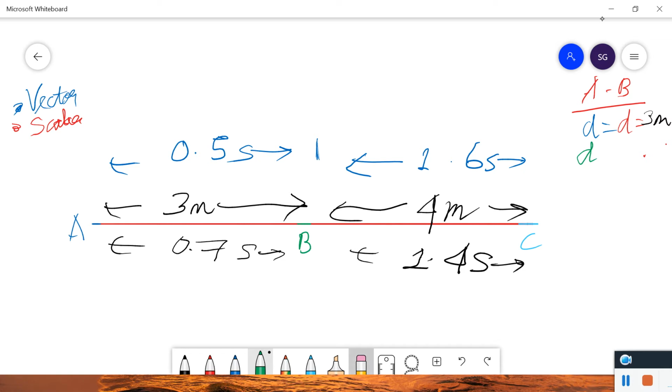Displacement, sorry, I will use this one. Now time is common for this, and that is 0.7 seconds.